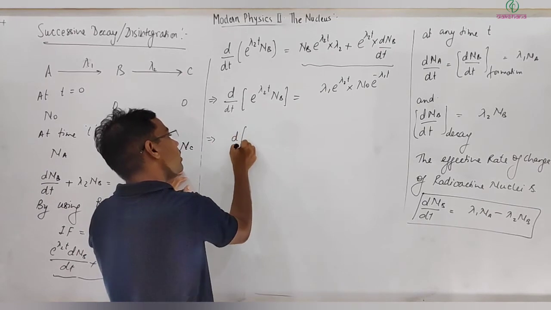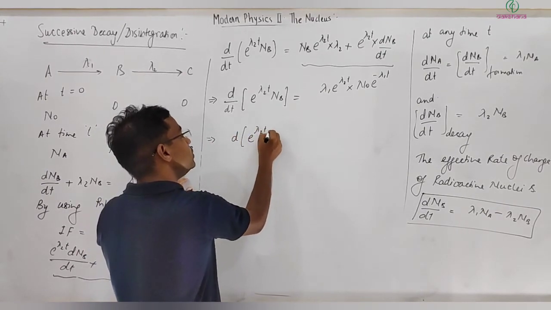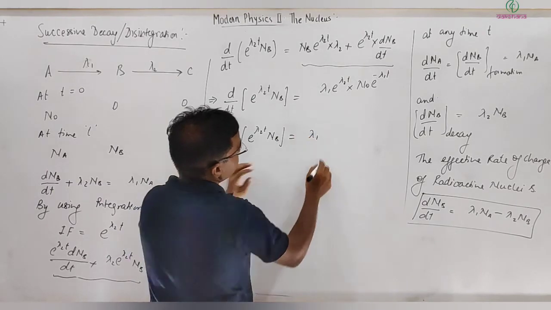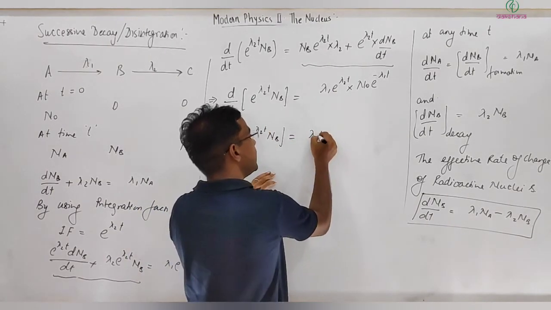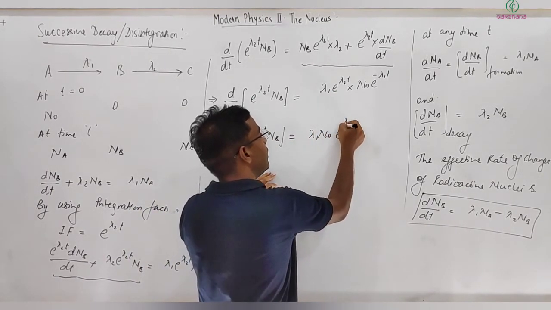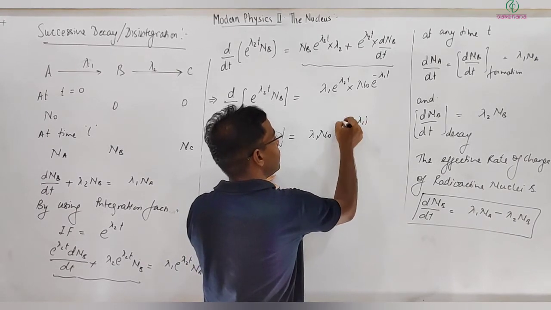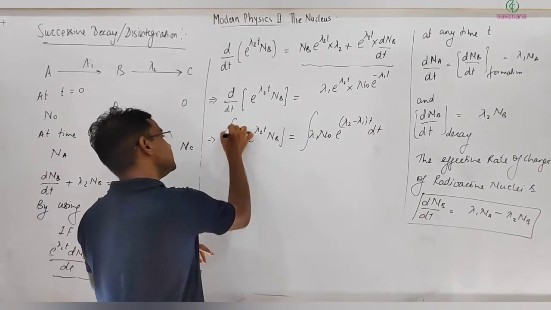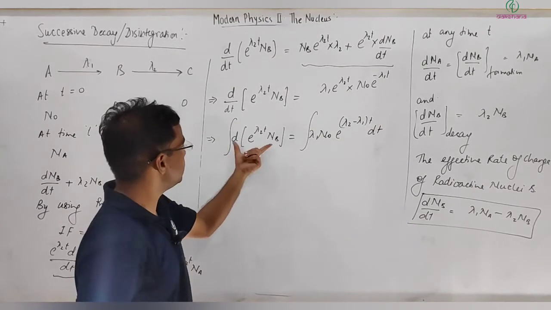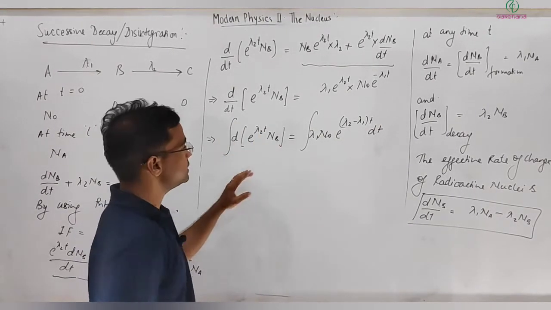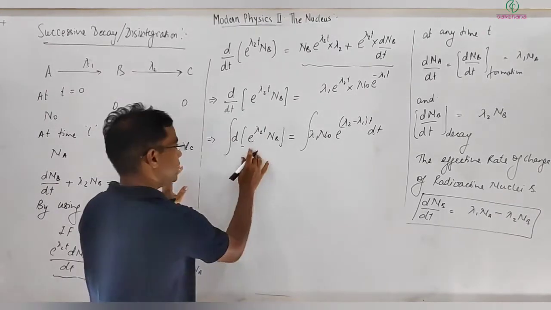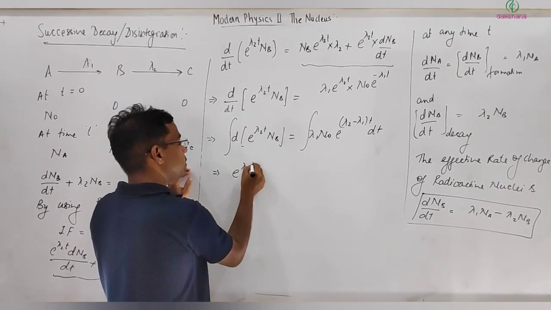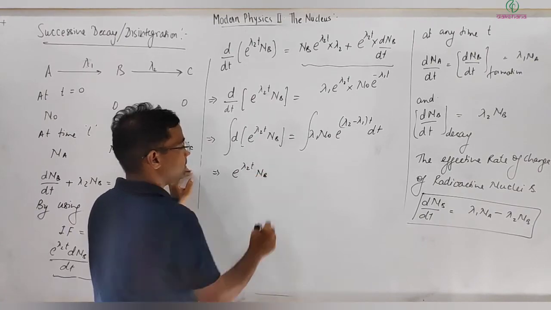So d of e raised to power lambda 2 t into nB equals lambda 1, if I just rearrange this, N naught e raised to power lambda 2 minus lambda 1 into t into dt. Next I can integrate both sides. The integration of d of something simply gives e raised to power lambda 2 t into nB.